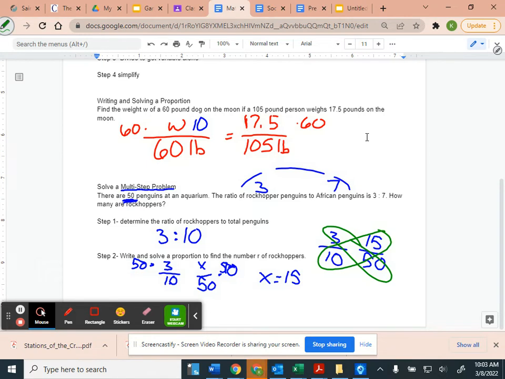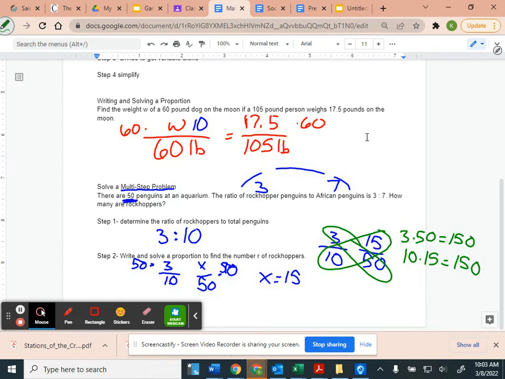What is 3 times 50? 3 times 50 equals 150. What is 10 times 15? 150. So this is a true proportion. So that is your way of double checking your answer. Did I find the correct number?